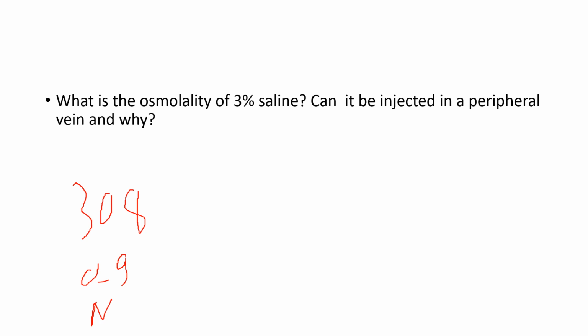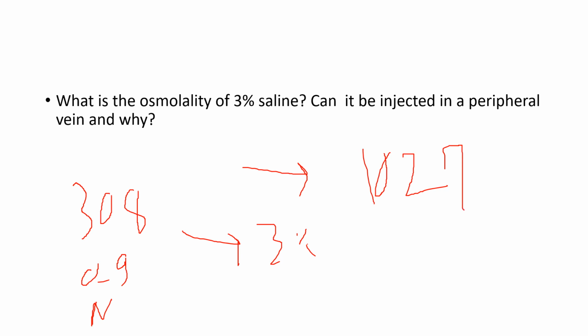يبقى بناء عليه 3% سلاين والهايبوتونيك سلاين اضرب تقريبا في 3 وتلت، ده يديني ان التونستي او الاوزمولاريتي بتاعت 3% سلاين تبقى حوالي 1027 ملي اوسمول بير لتر.